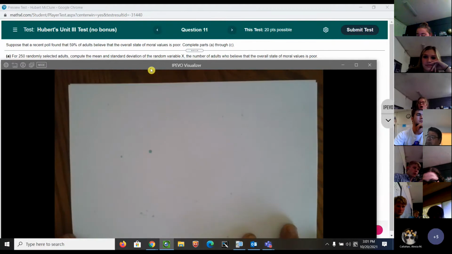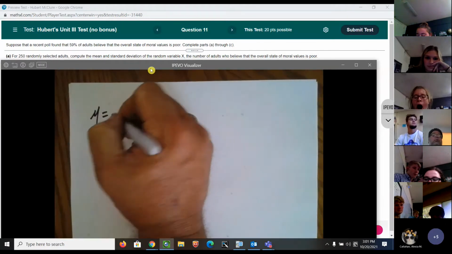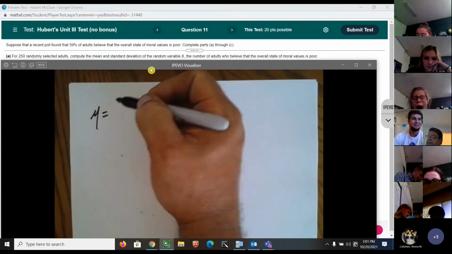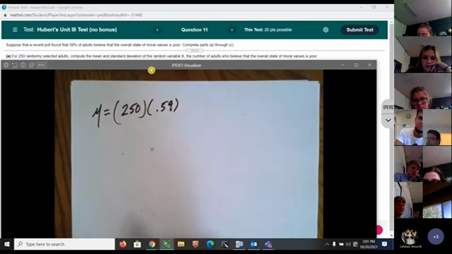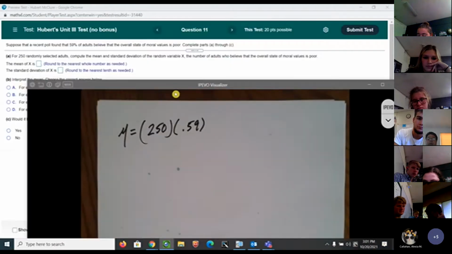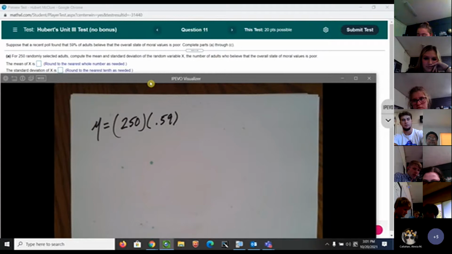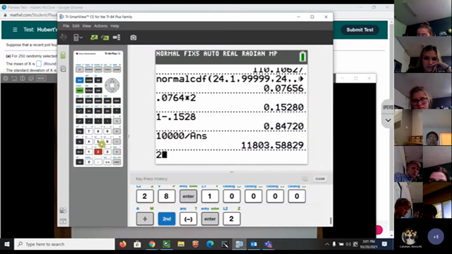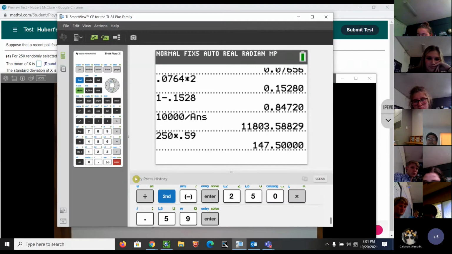So the mean is equal to 250 times 0.59. So 250 times 0.59 is 147.5.